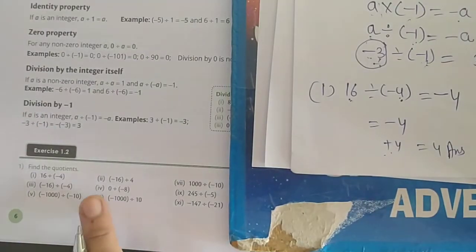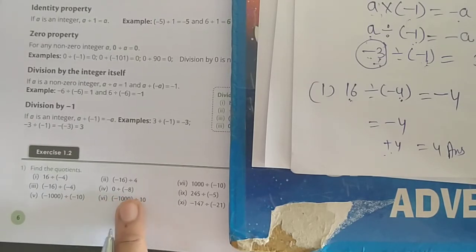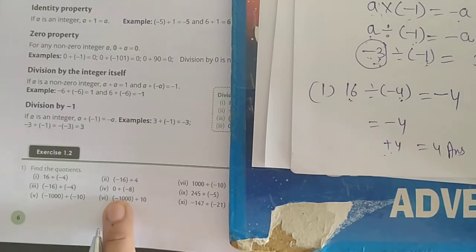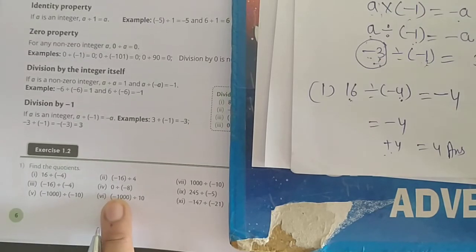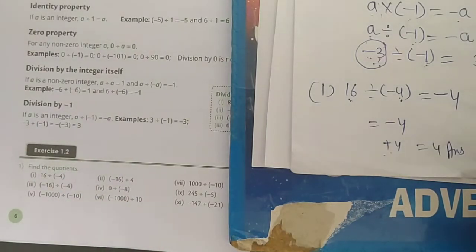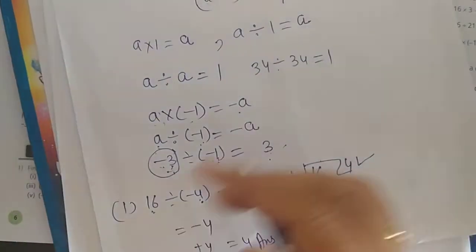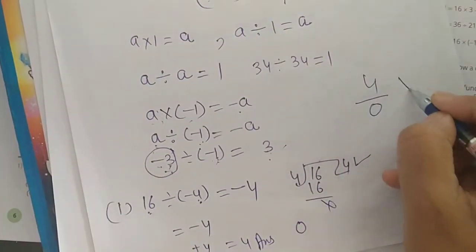Then part 4, 0 is divided by -4. When we divide 0 by any number, the answer will automatically be 0. So the fourth part's answer is 0. Never write like this, 4 upon 0.